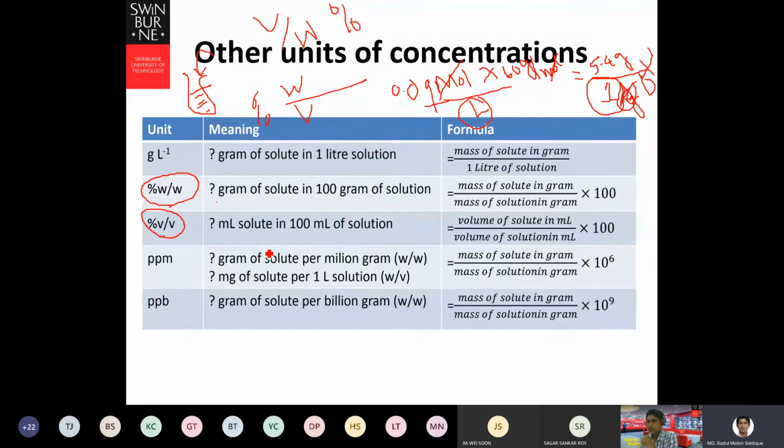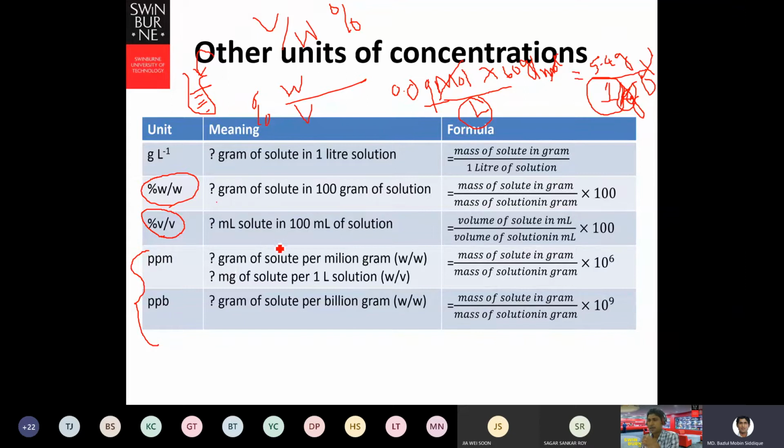ppm is another concentration unit, that is parts per million. In 1 million parts, how many parts are there? We will not use it here because this is a very small concentration, and it is usually used for environmental and chemical engineering calculations.